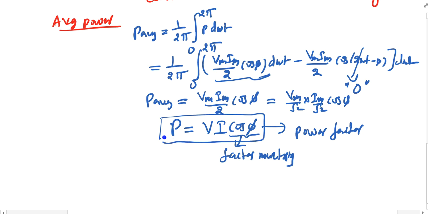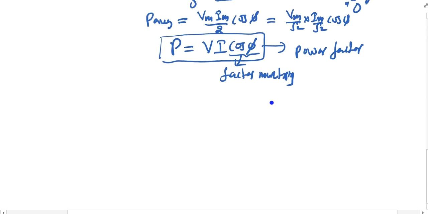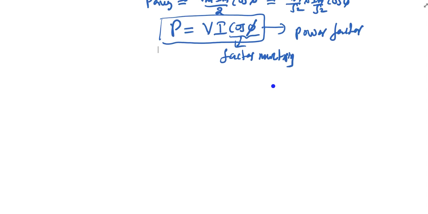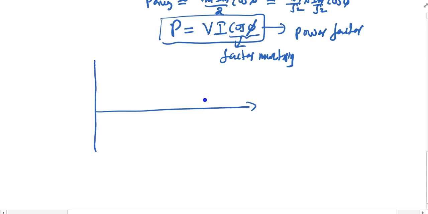So this is the power measured by the wattmeter, VI multiplied by the power factor. Now if you draw the sinusoidal waveforms of the instantaneous voltage, current and instantaneous power for this series RL circuit, we know this.